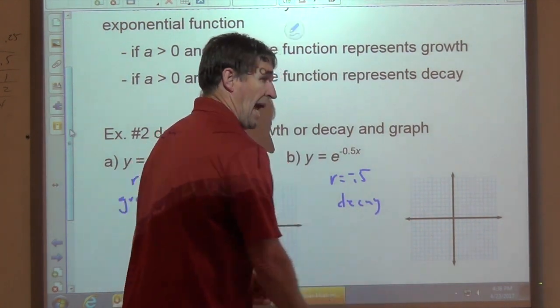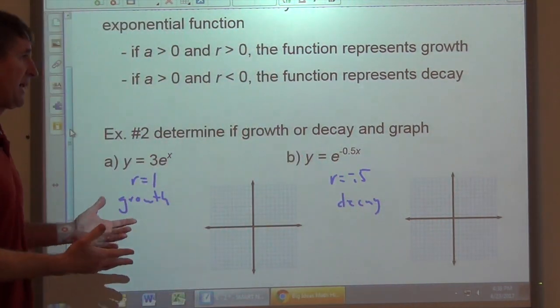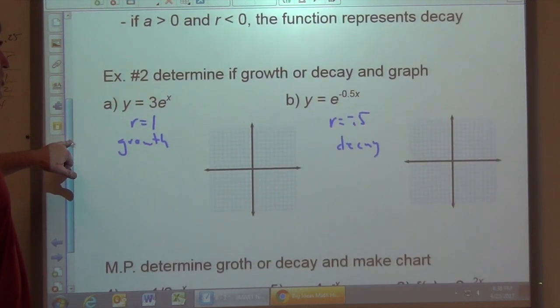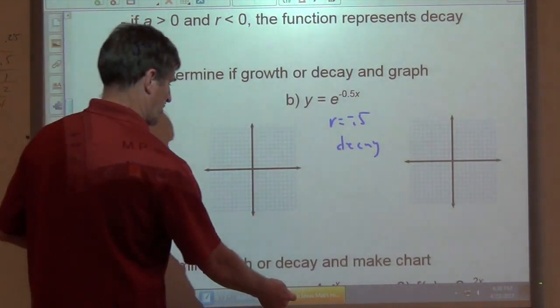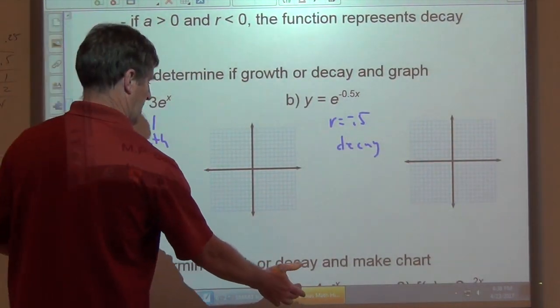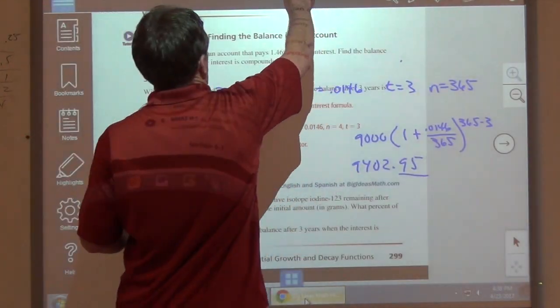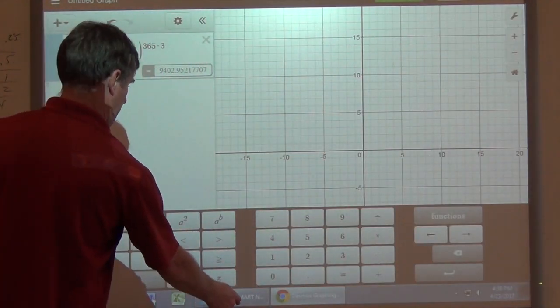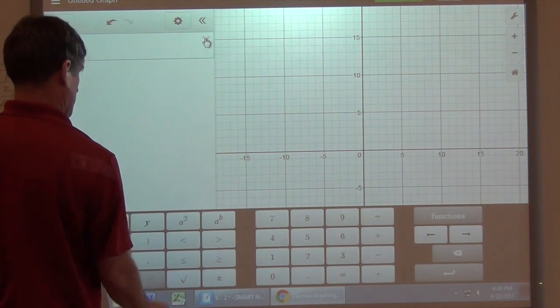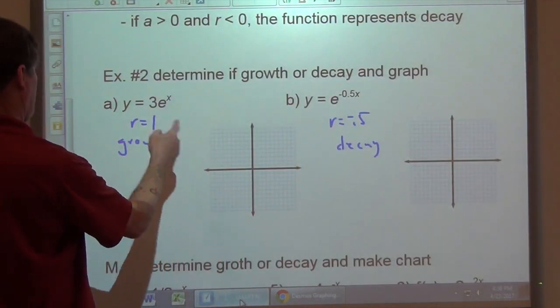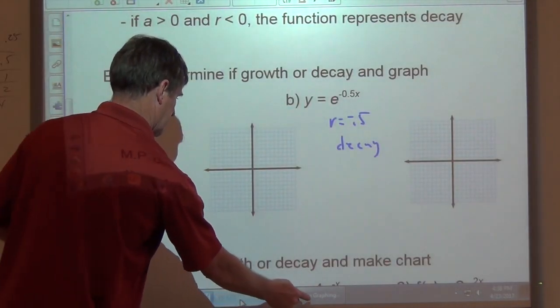I won't have you graph these, but if it asks you to graph, I will expect you to make charts. So if we go to the graphing calculator, the first one was y equals 3e to the x.